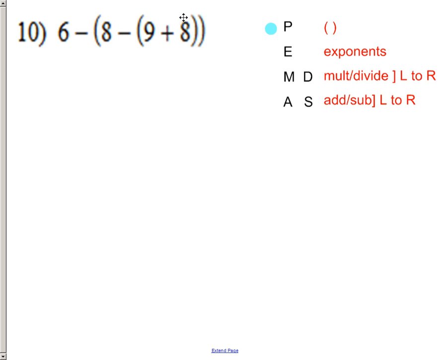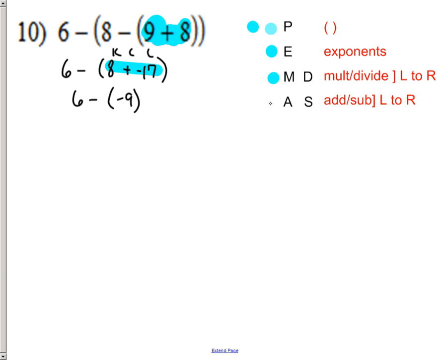Do you see it's got 2 sets of parentheses and 1 set's inside of it? Always start with your inside parentheses. Don't be in a rush to copy down the problem again. That can cause issues. You're still on parentheses. No exponents, no multiplication or division. We're just left with subtraction.